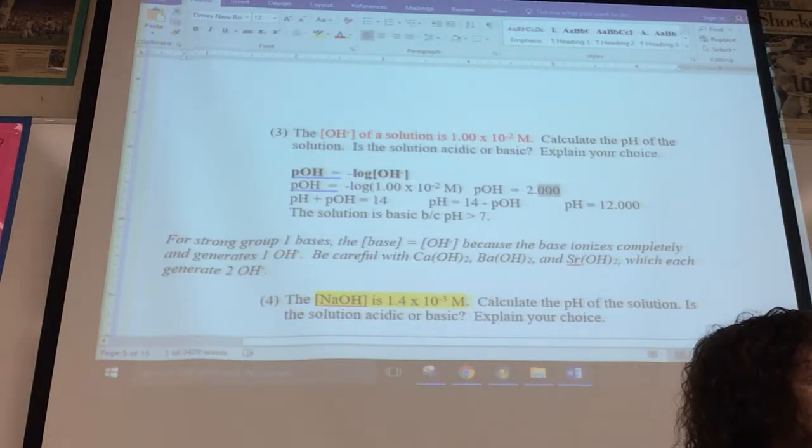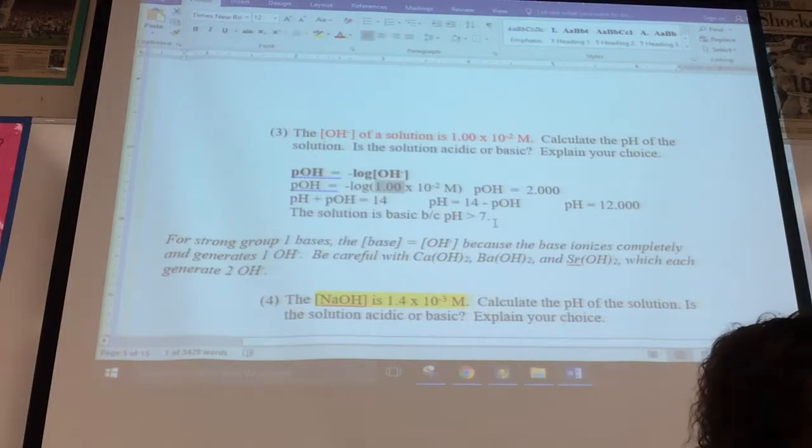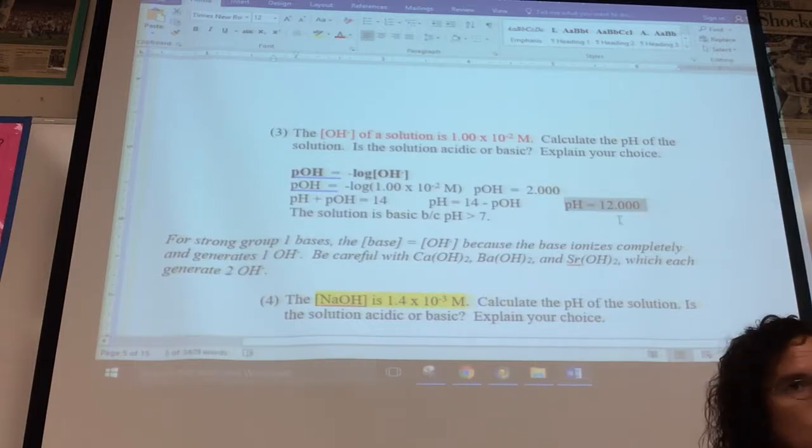Again, 3 sig figs after the decimal point in POH because of the 3 sig figs in the concentration. Once you get the POH, you'll subtract it from 14. Maintain those sig figs from POH to pH even though the 14 doesn't have the sig figs. So this is a basic solution with a pH greater than 7.